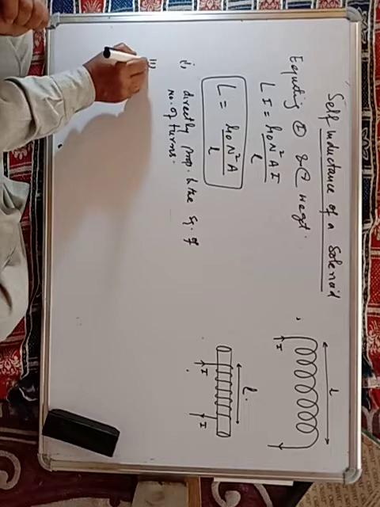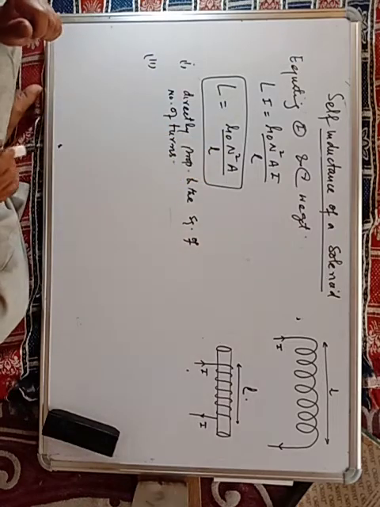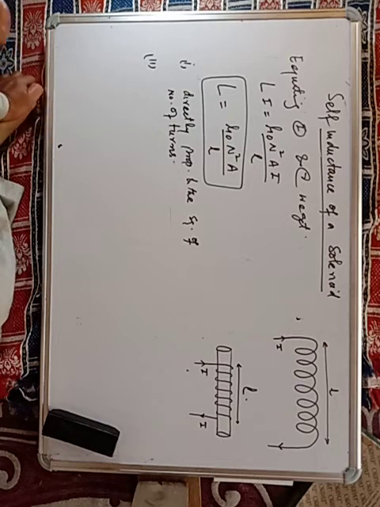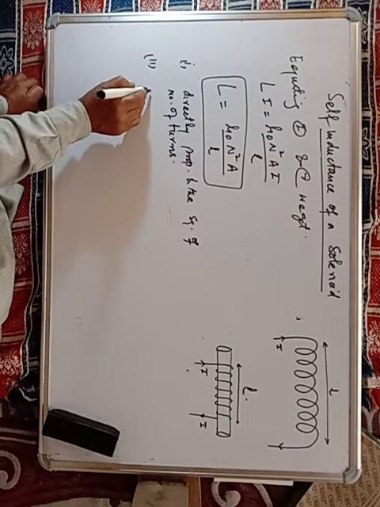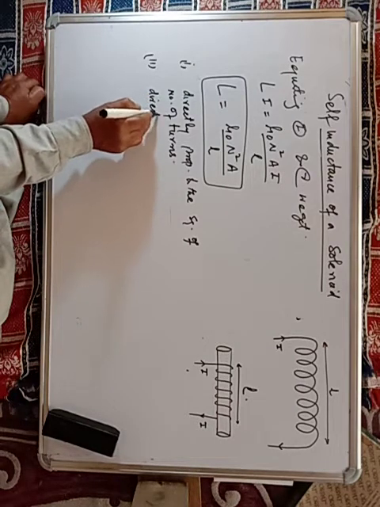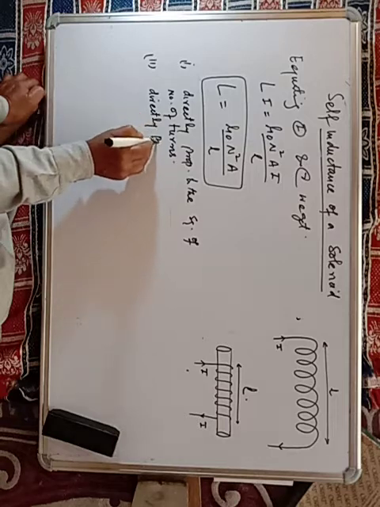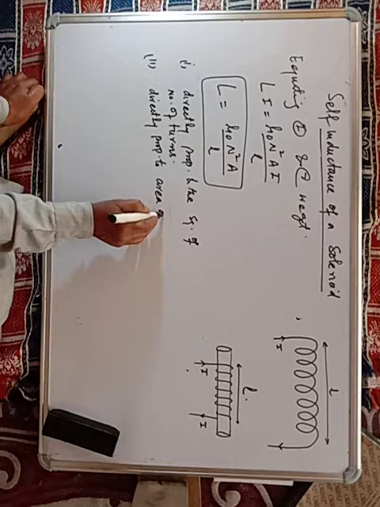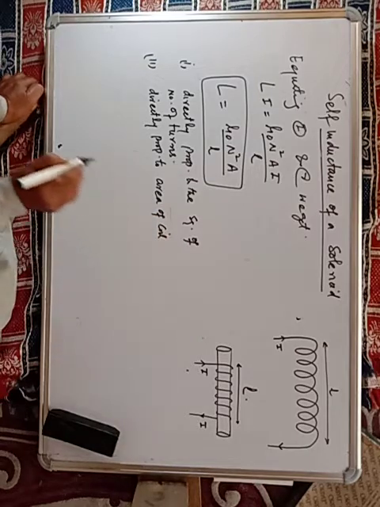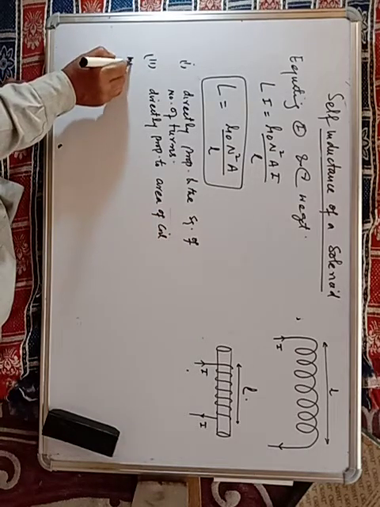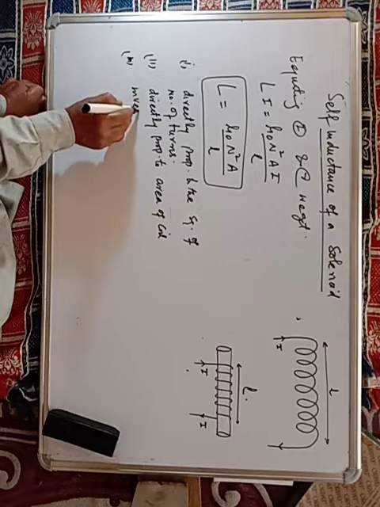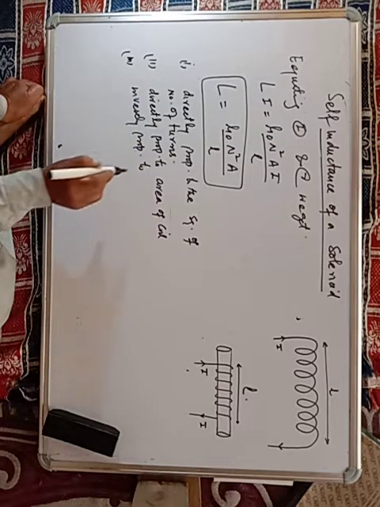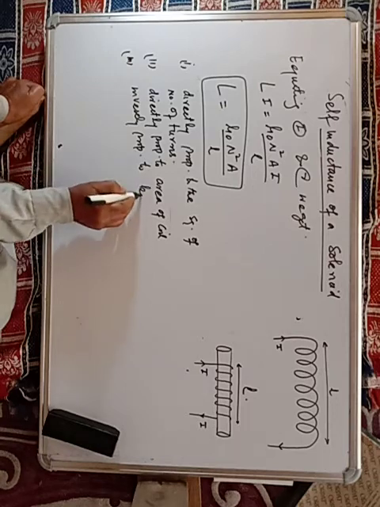Second, directly proportional to the area of the coil. Third, inversely proportional to the length of the solenoid.